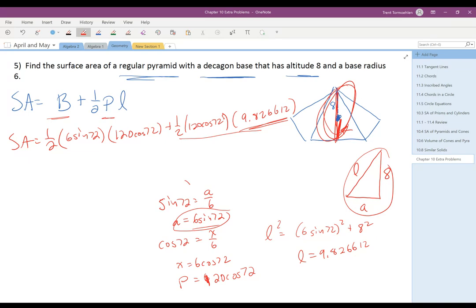When we do all that, we end up with 287.9967, which rounds to just 288.00 because of the 99 and then the 6, it rounds up. So the correct answer there is 288.00.